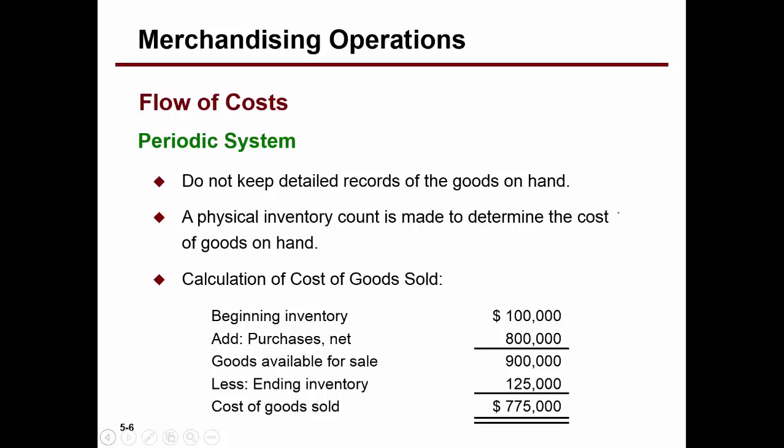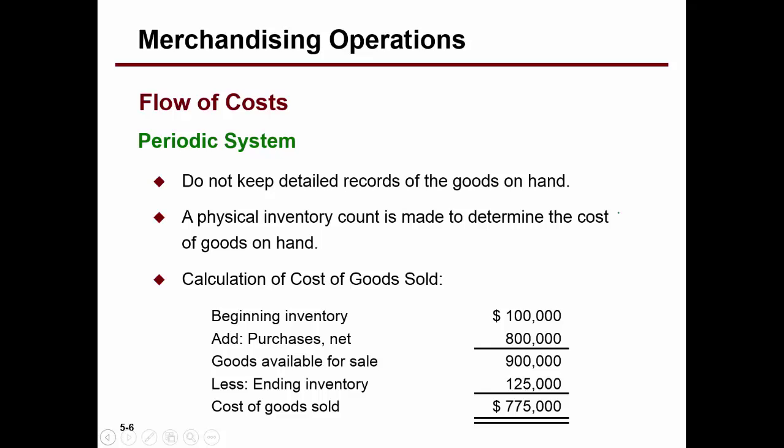That'll tell us our goods available for sale, right? And then we will physically count the ending inventory. We'll go 3 pens, 2, 3, 4 computers, 5. We'll count up the inventory and see what we have left. And whatever we have left is our ending inventory, isn't it? We subtract off our ending inventory, and does that yield our cost of goods sold?